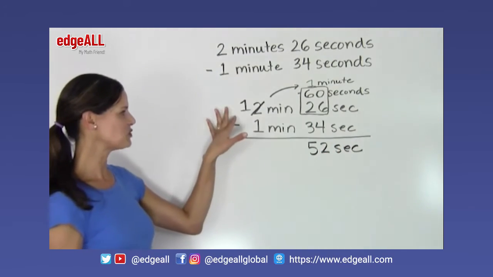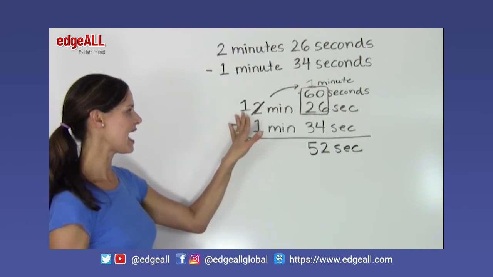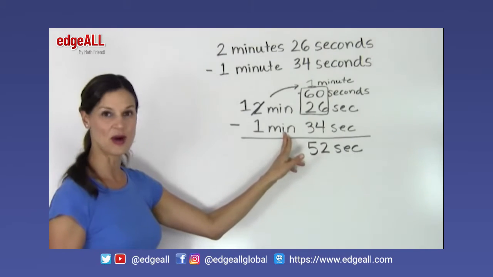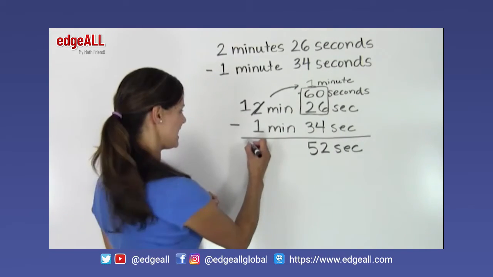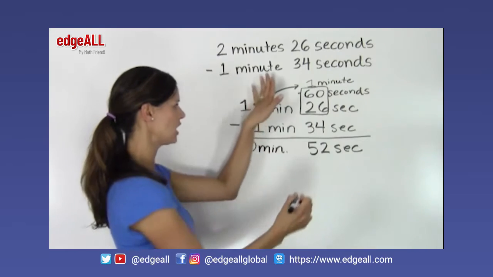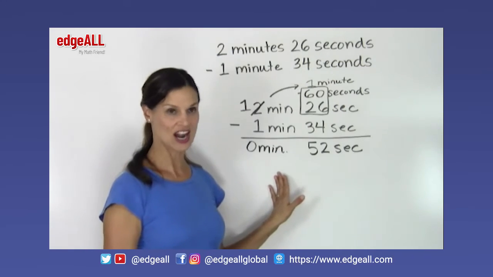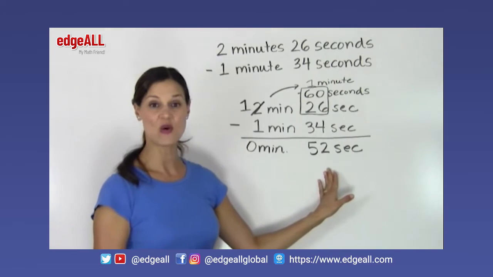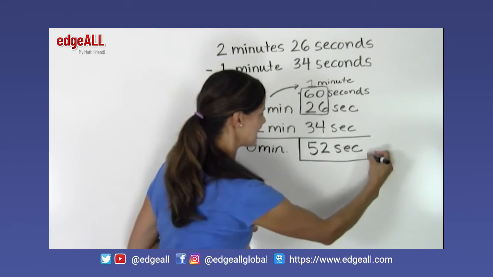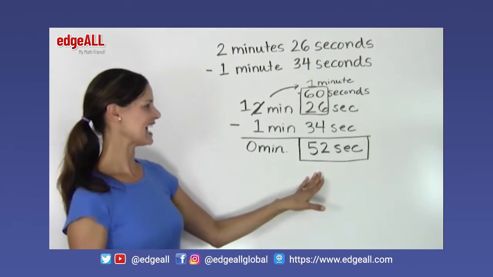And now what we're left with over here is that we have a minute on top. Subtracting 1 minute from the bottom gives us 0 minutes. So I'll write a 0 minutes over here, but we don't really need to worry about this column anymore. Our answer is simply going to be 52 seconds, just reported in seconds.